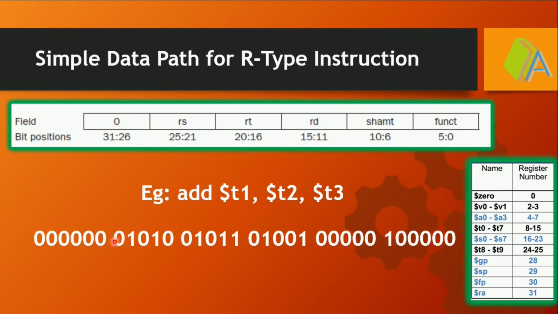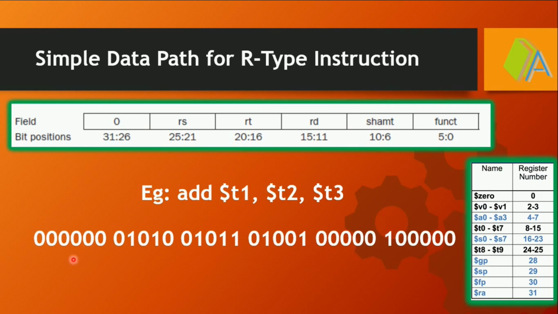This is RS, which is my T2. From this reference table, T2 is register number 10. So 10 is my T2, 11 is my T3, that is RT, and RD is my destination register, that is T1, which is 9. Here the shift amount is 0. So this is the instruction which is initially stored in the instruction memory.